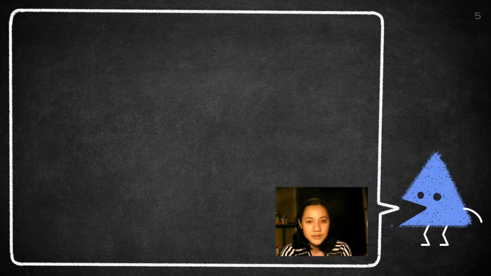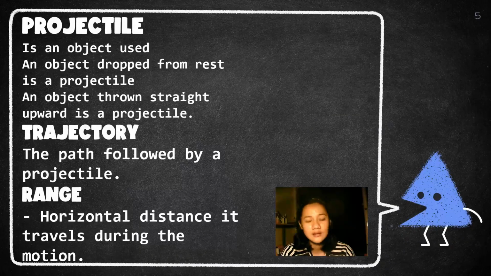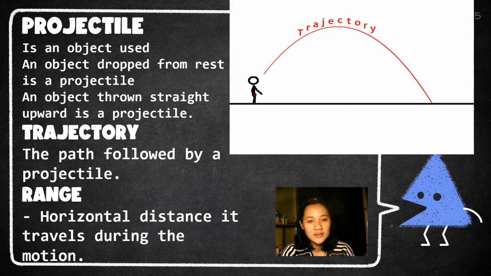So here are some terms for you to have a better understanding about projectile motion. First is projectile. So projectile is actually the object used or the one that is being thrown upward. Okay, so an object dropped from rest is a projectile, or an object that is thrown in a straight path or in an upward direction is a projectile.